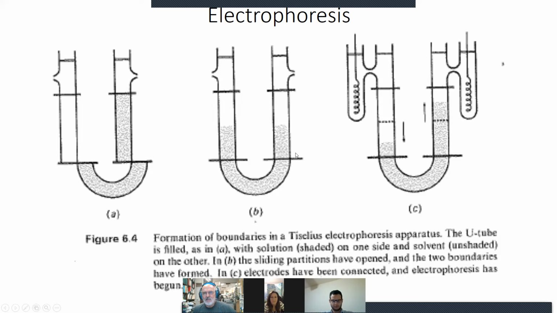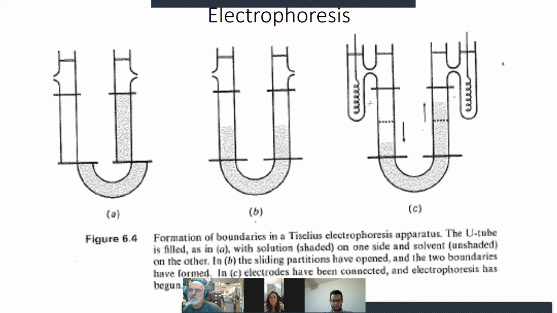And so you get these boundaries, and then you turn on the electrophoretic field. It's not even specifying here what direction is what. It's not telling you that. But if, for example, we did exactly what that other figure did, and we turned on negative charge on this side and positive charge on this side, so it'd have to do with these electrodes, then you would start getting migration.